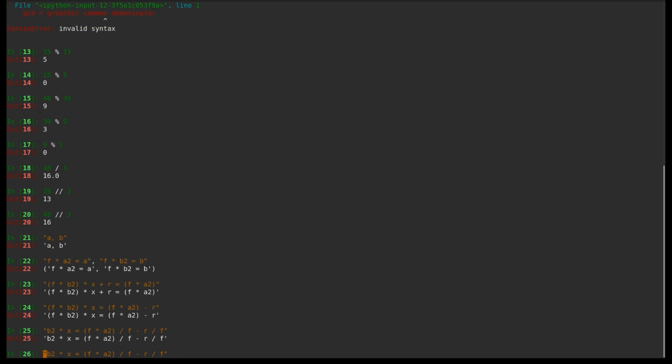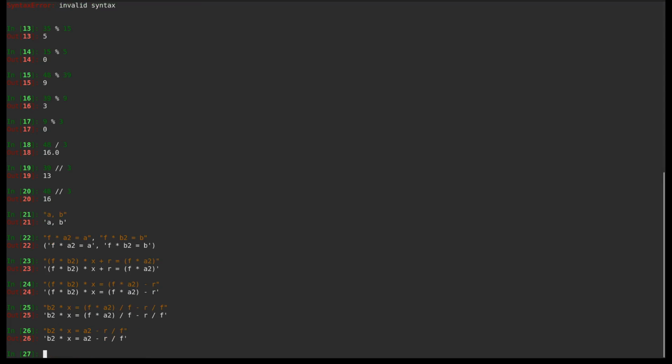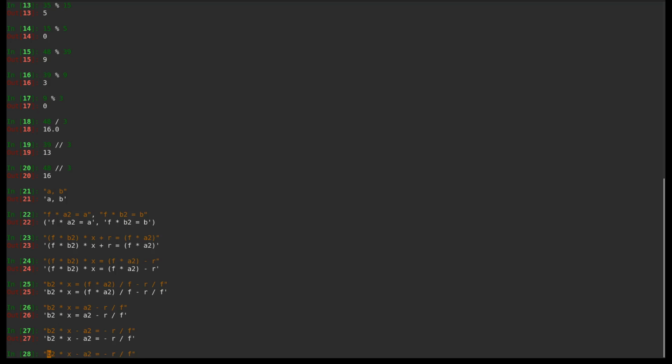Right? And then we'll simplify, and then we'll subtract a2 from both sides. And then we'll just reverse the sign, just to make everything all neat and positive.